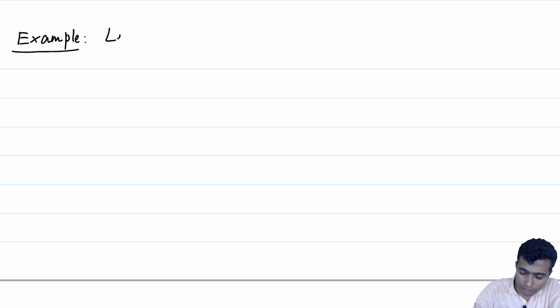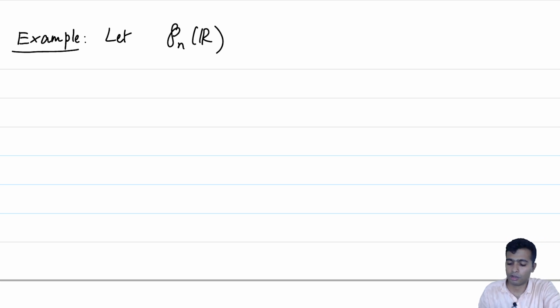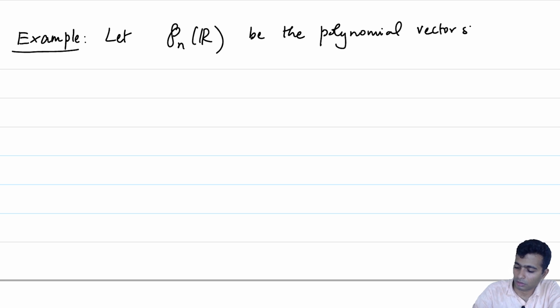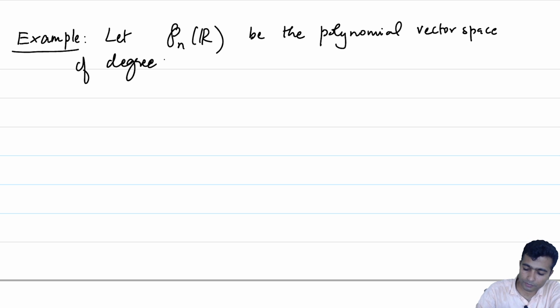Let Pn of R be the polynomial vector space of degree less than or equal to n with coefficients in R. And we know a particular basis for this vector space.